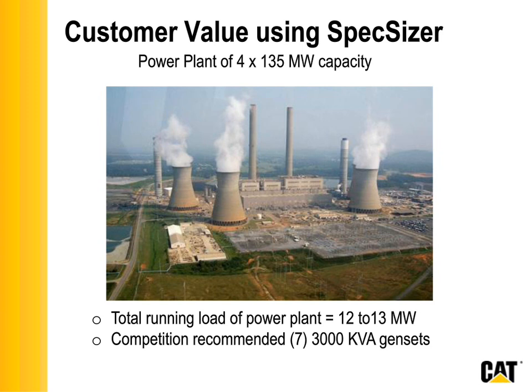It was a power plant over in India. I got an email from a customer, and the following day, an email from the dealer, and they said, we've got this application. It's about 12 or 13 megawatt, and we'd like to send you the sizing file, and can you help us size a smaller genset, a better fit for this application?